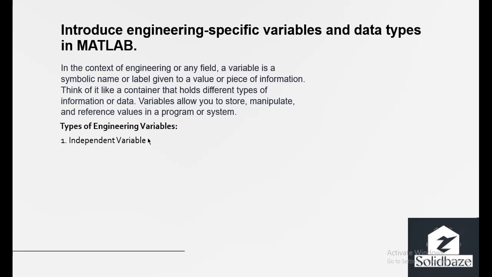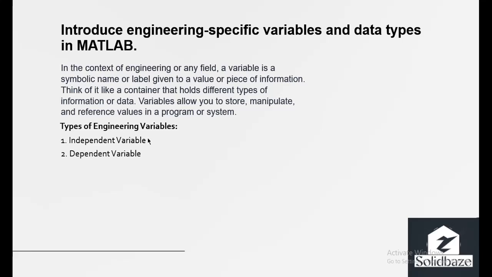Then the dependent variable, which is the second one, in the same solar panel study, is the amount of energy generated by the solar panel. So you have the angle as the independent variable, and the dependent variable is the amount of energy being generated.